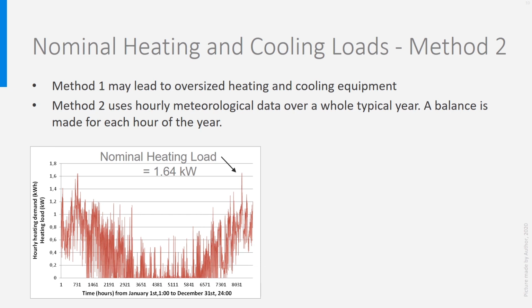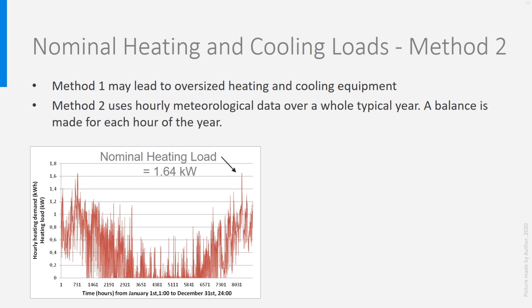You see here left the results of such a calculation where we have plotted the heating loads all over the year. Basically, we made the same balance calculation as you did last week, but did it 160 times the number of hours of a year.